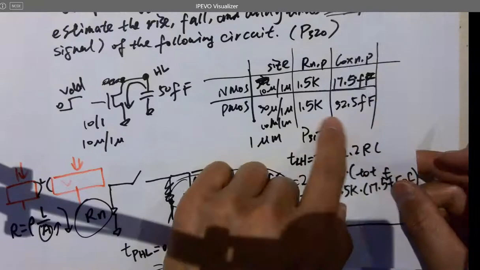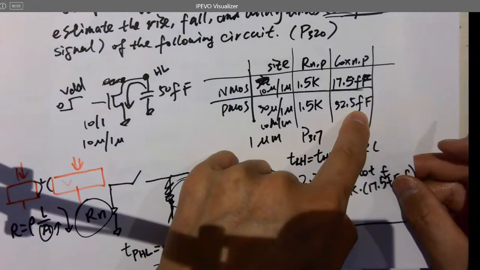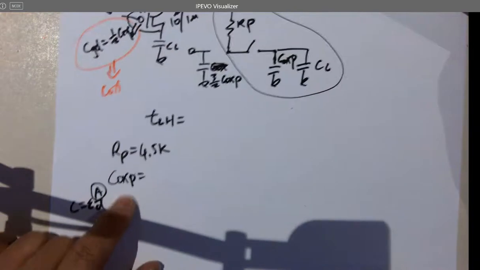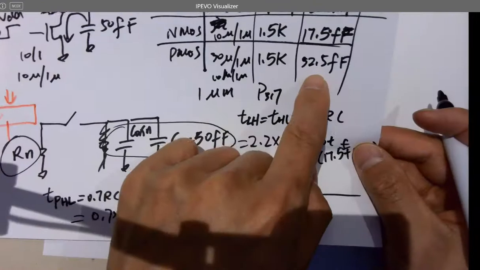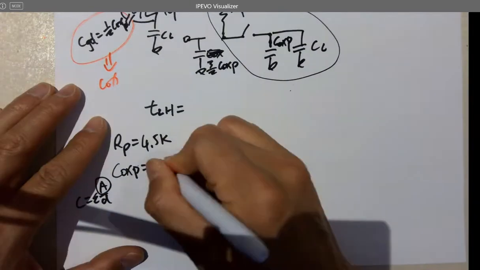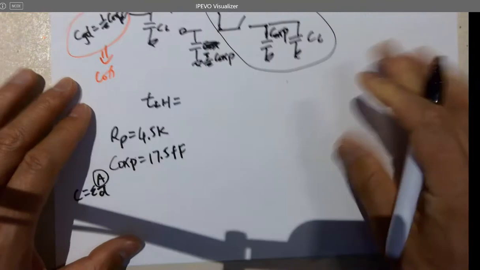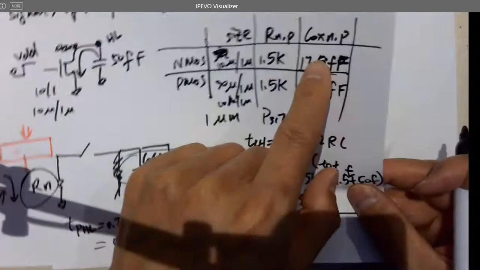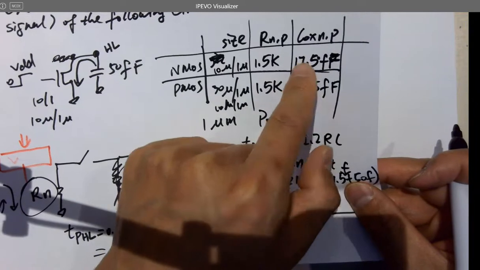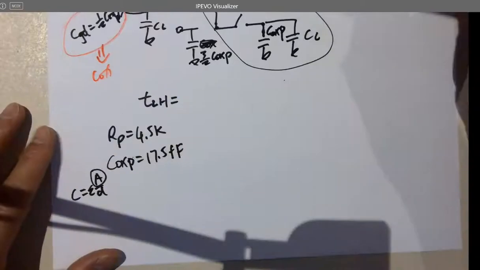So the cap here is 52.5 femtofarads. So the cap here should be whatever is here divided by 3. And that's exactly 17.5 by chance, right? It's not intentionally to match with this capacitance, it's NMOS. But this divided by 3 will be exactly 17.5 femtofarads.